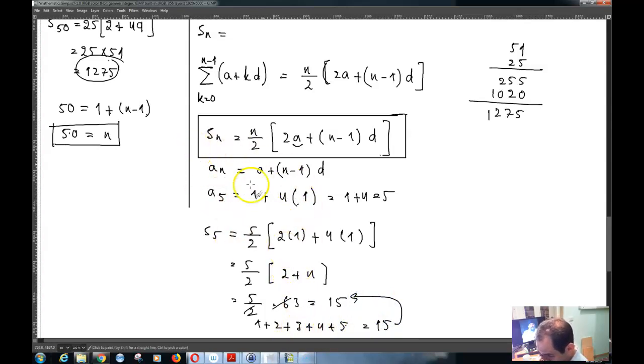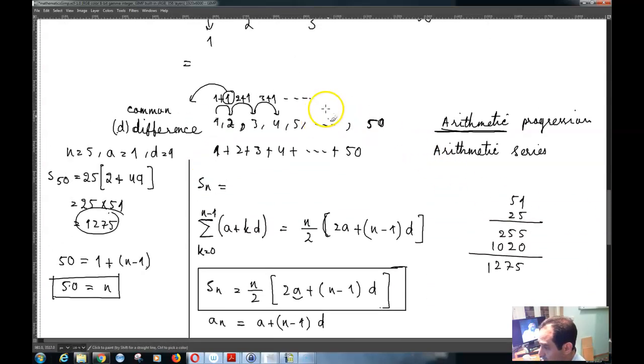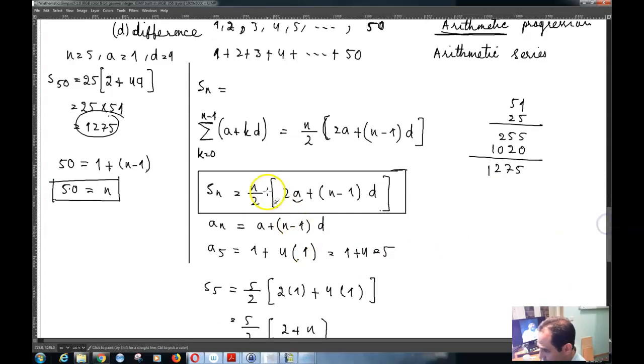So this is a good way to find the sum of some numbers if they are in arithmetic progression. Of course, if the numbers are in geometric progression, there are similar ways, but the formula would be different to find the sum of those numbers.